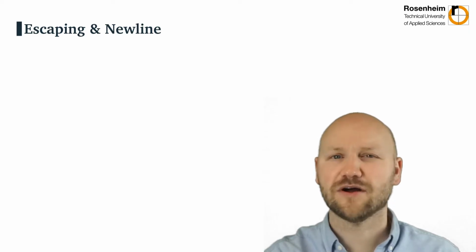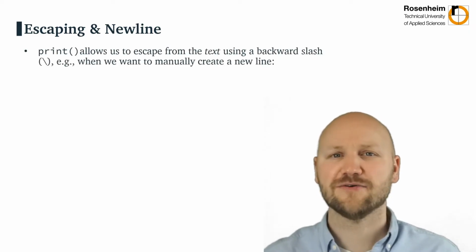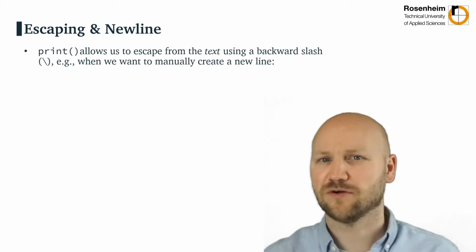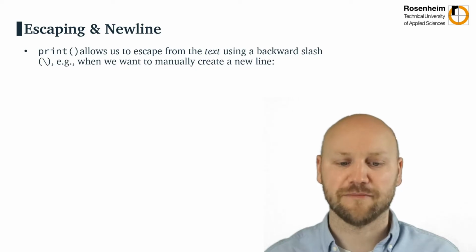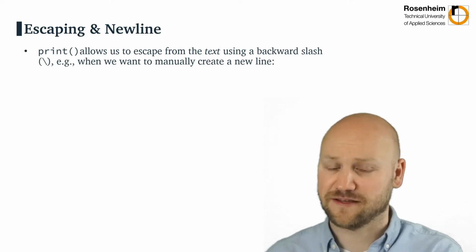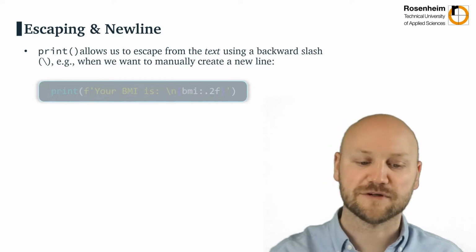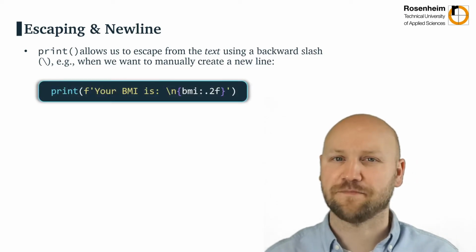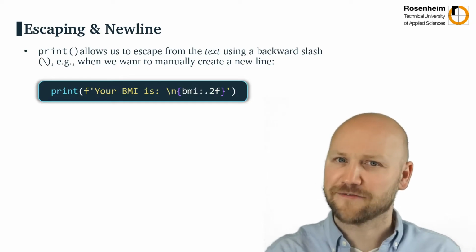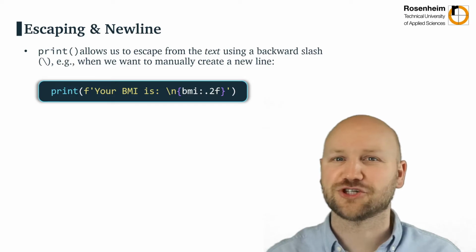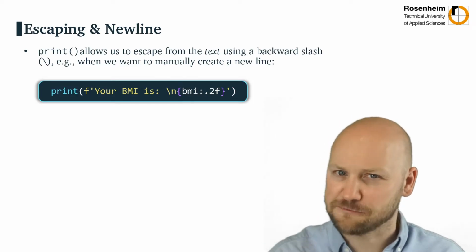So let's have a look at escaping. What does escaping mean? Print allows us not only to print text, but also to control the output in a more relevant way than just having text. We can have, for example, a new line, and for this we need to have a \n. \n is an important thing because it's escaping from the text, and you tell the print command that something is going to happen here, we have a specific command.